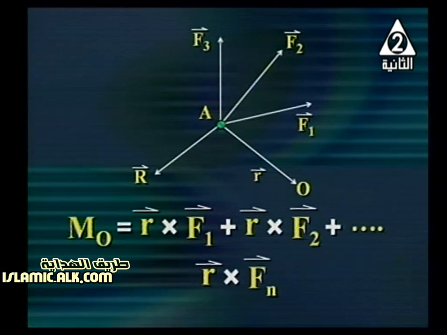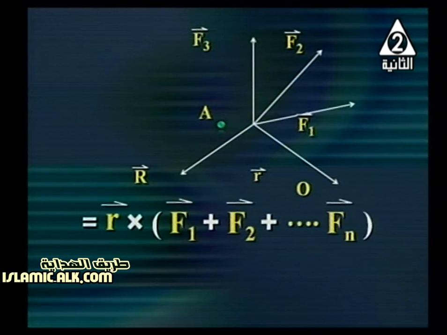By factoring, we write the moment equals R cross, in brackets, F1 vector plus F2 plus Fn. This equals R cross the resultant vector. R capital represents the resultant of all forces F1 plus F2 plus F3 and so on to Fn.